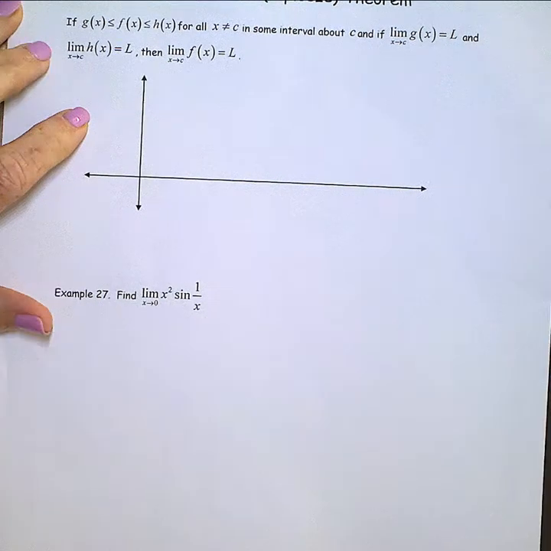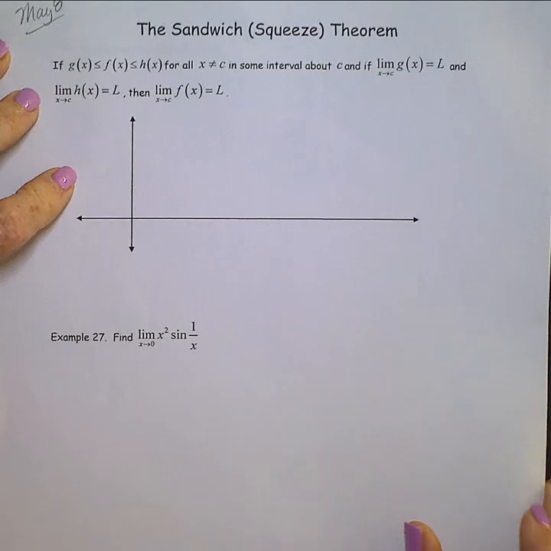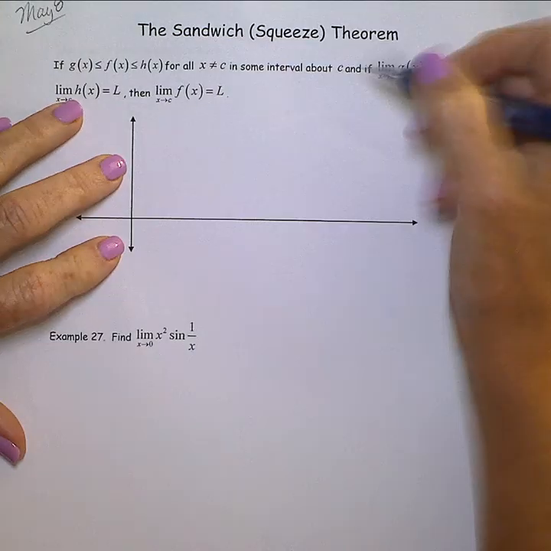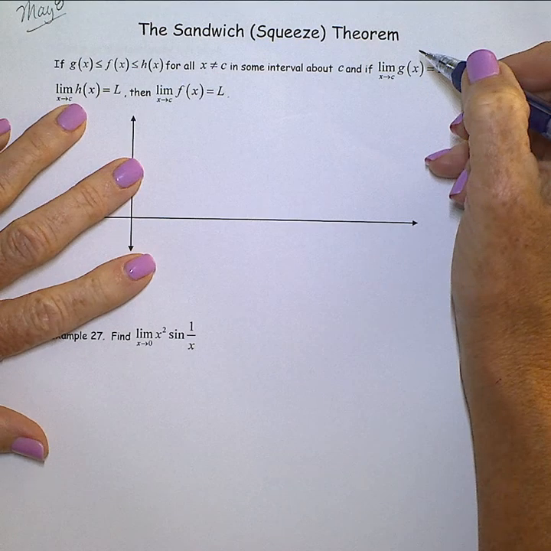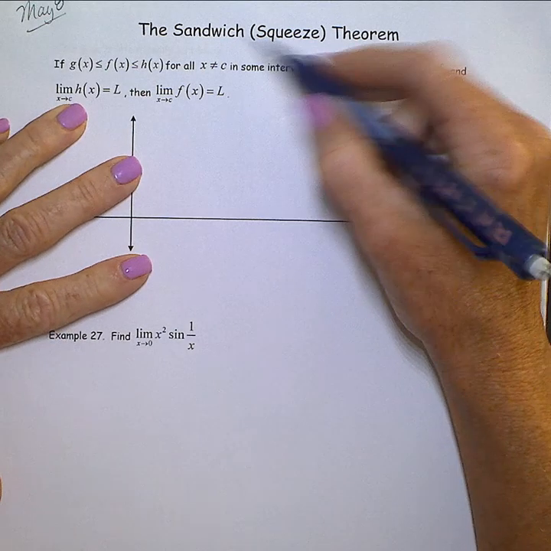Today's May 8th, and we are finishing up section 2.1, which is rates of change and limits. Our last thing about limits that we have to talk about today is the sandwich or squeeze theorem.